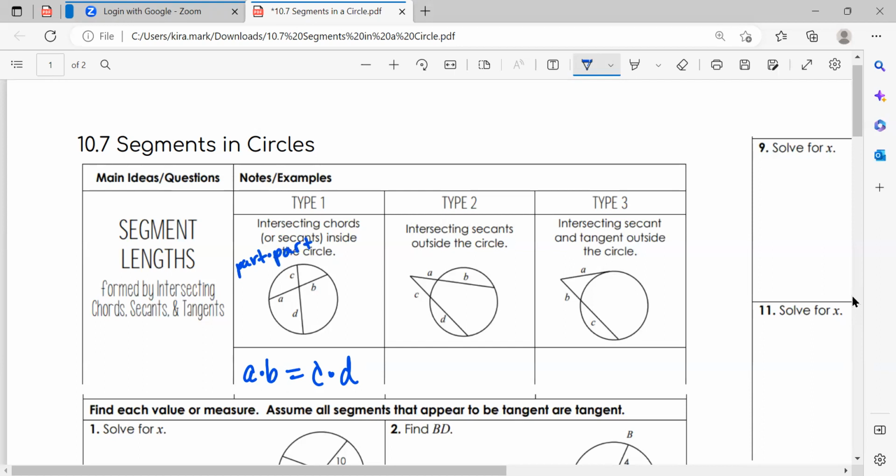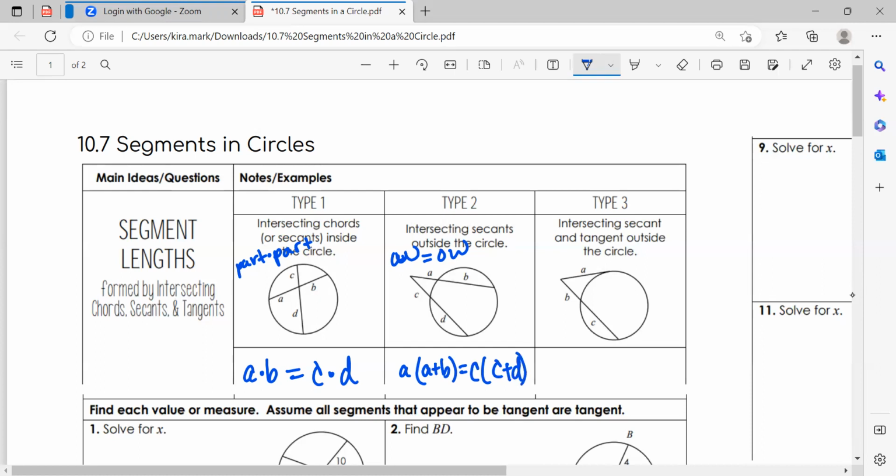Outside times whole equals outside times whole. So the outside bit right here is A times the whole thing, which is A plus B. And that equals C times C plus D.